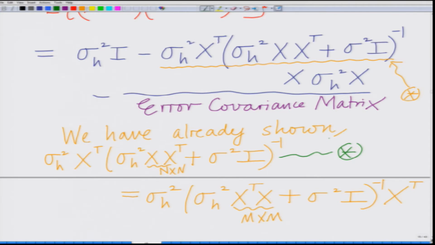So, I can replace this quantity, this star, by sigma h square x transpose x plus sigma square identity inverse times x transpose.